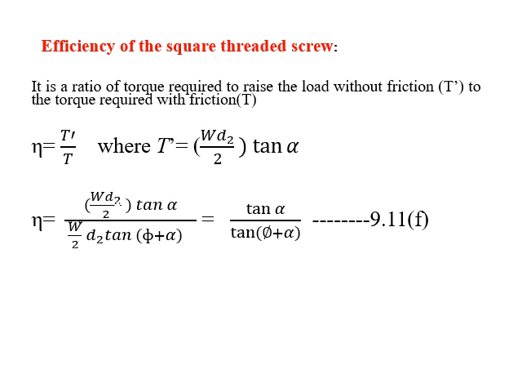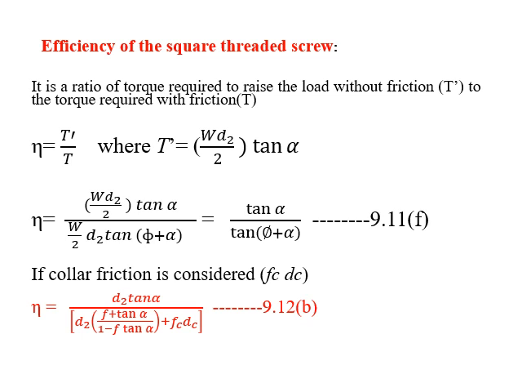Coming to the efficiency of the square thread screw, it is the ratio of the torque required to raise the load without friction to the torque required with friction, nothing but T' divided by T. So efficiency η is equal to T' by T, where T' is equal to W d/2 into tan α. Or we can rewrite efficiency as tan α divided by tan(φ + α), which you can get in the design data handbook 9.11F.